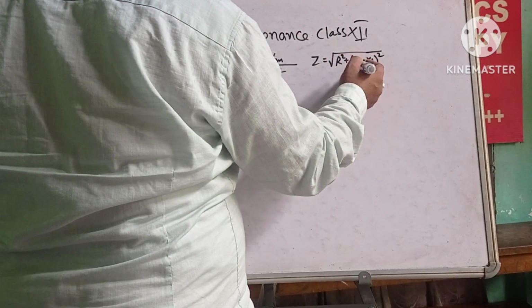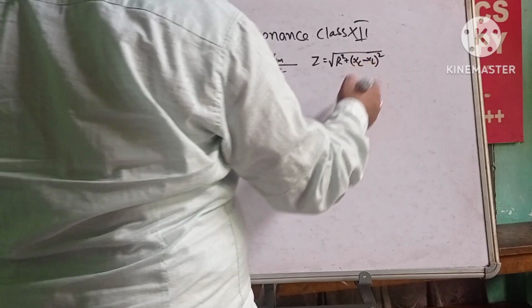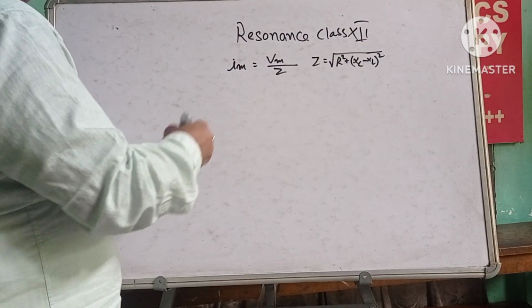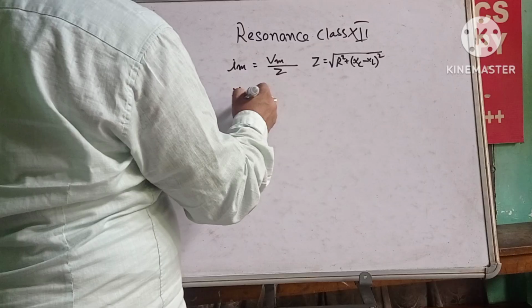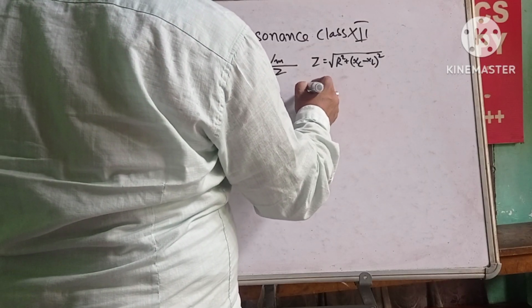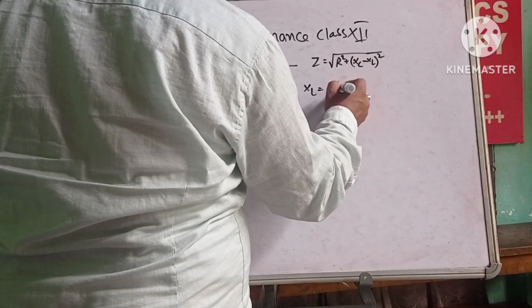That is impedance by capacitance, and this is the impedance by inductance. So here we know that Xc is equal to 1 by omega C, and XL is equal to omega L.